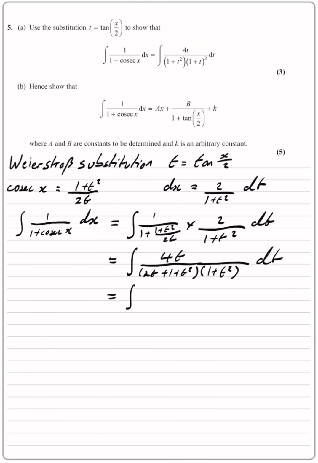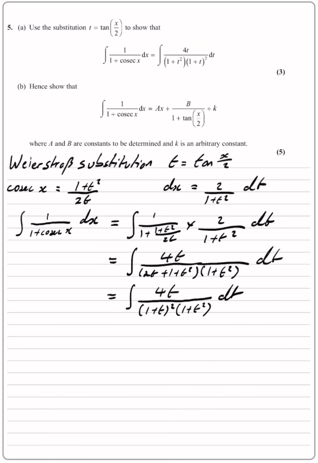So times those two together in brackets. And all I'm going to do is factorize the 2t plus 1 plus t squared. That's going to be 1 plus t all squared times by 1 plus t squared. The squared inside the bracket, which is what the question wanted.